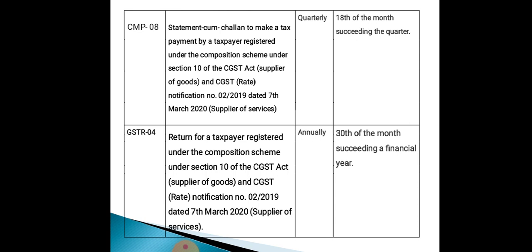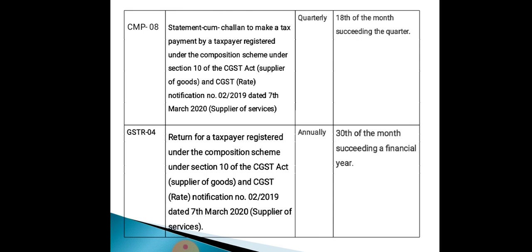GST return 4 is a GST return that has to be filed by a composition dealer. Unlike a normal taxpayer who needs to furnish 3 monthly returns, a dealer opting for the composition scheme is required to furnish only one return, which is GST return 4, once in a year by 30th of April following a financial year.